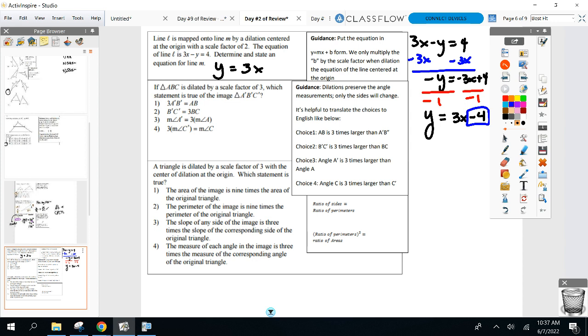It got further away, right? It got further away by how much? 2. So I'm going to take 2 and multiply it by my y-intercept. What's my new y-intercept? -8. There you go. The lines remain parallel, and the new y-intercept I just multiply by whatever the scale factor is.